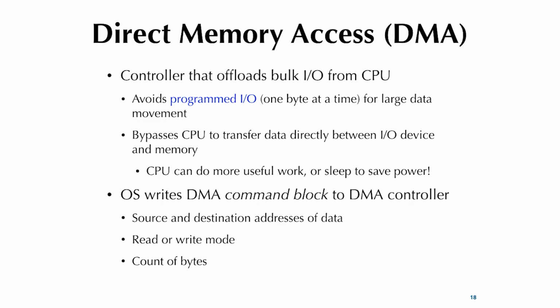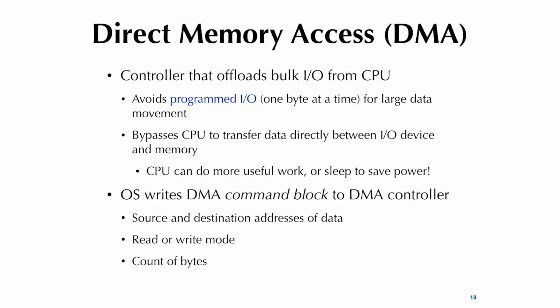So what you want to do is have a separate controller that does a block move between device and memory. And what does it have to do? Well, the CPU does have to tell the DMA controller, okay, let me give you some directions. So basically set up some command. What would it involve?